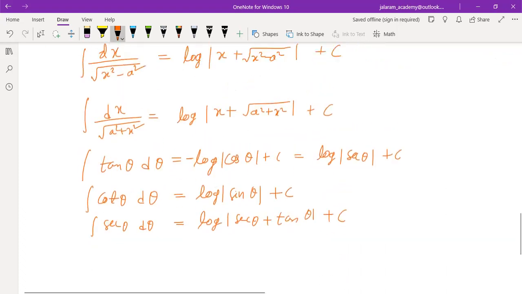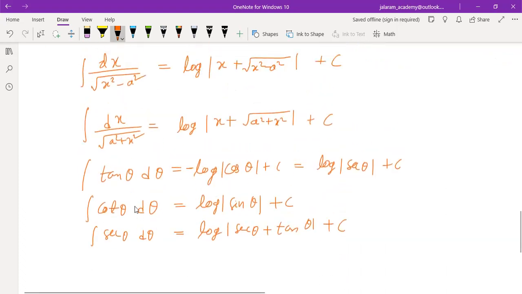Or you can write in terms of x also. If we write x, we have to write x in all places. Integration of tan x dx is log cos x or log sec x.